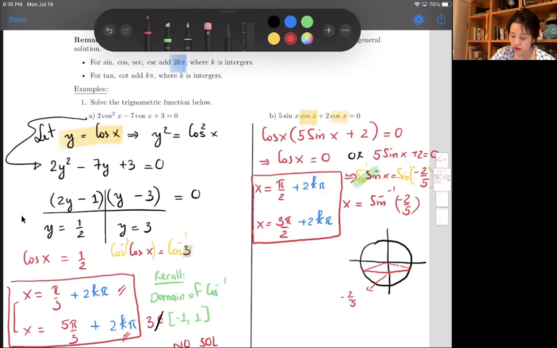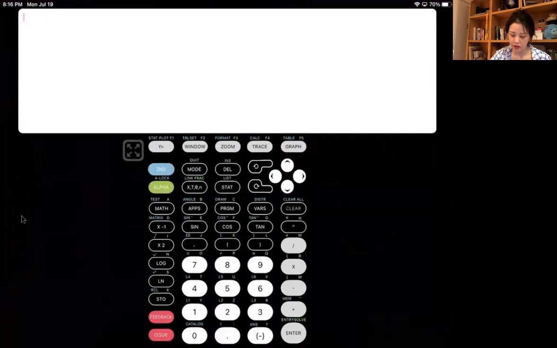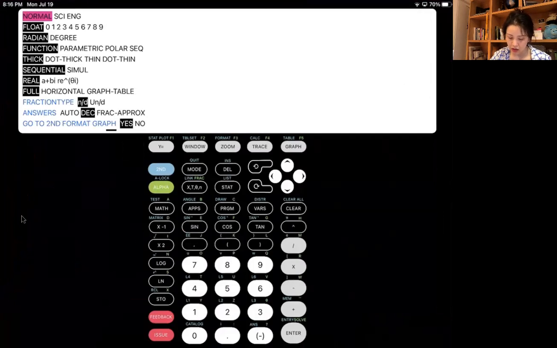So one angle, if you plug this in on the calculator, let's see. Clear. Let me check my mode. It has to be in radians. So that's good.